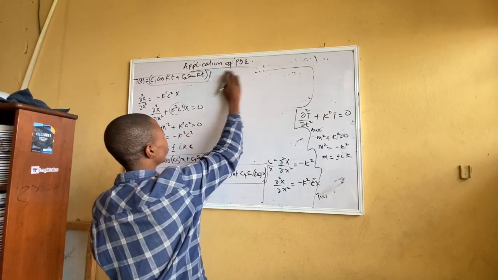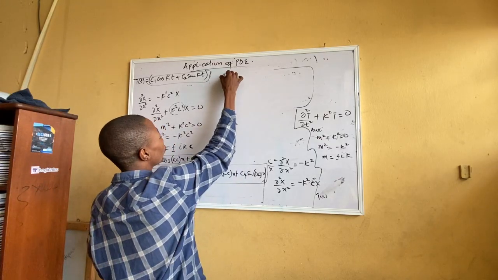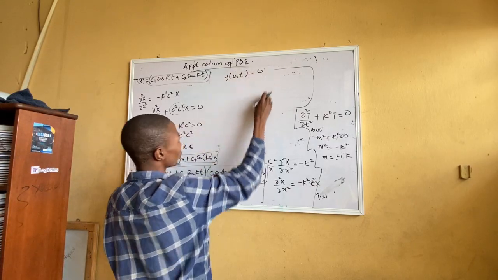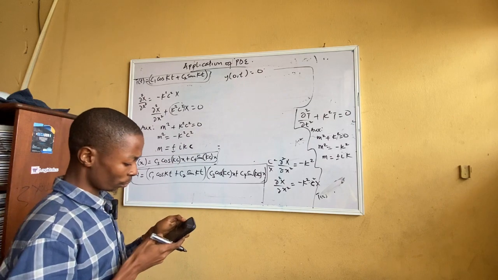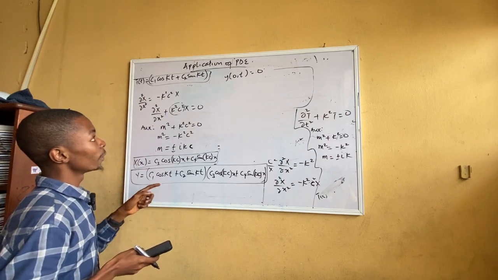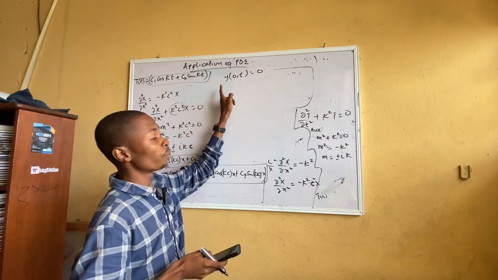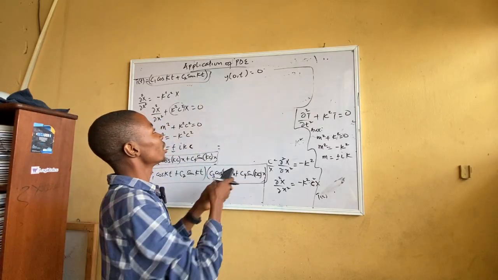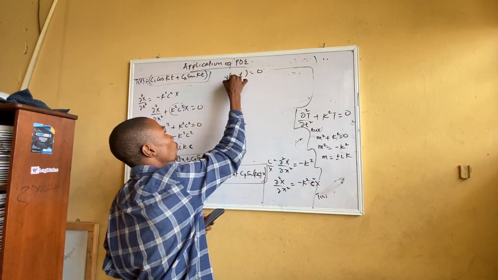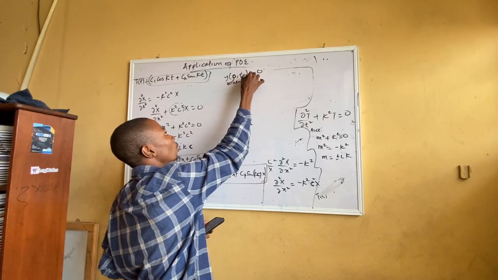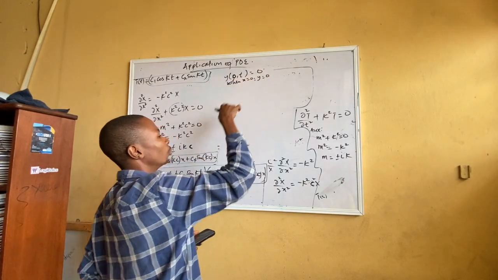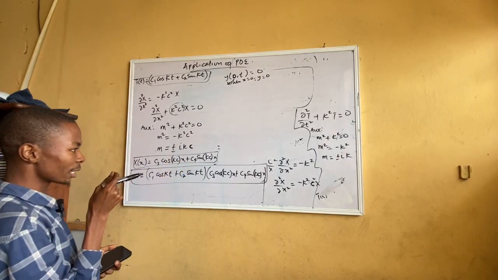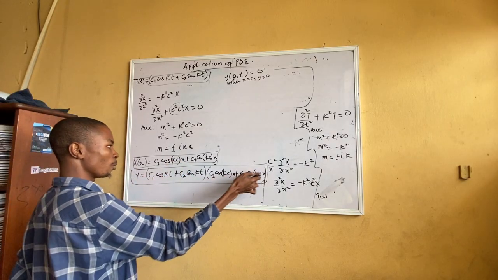The first boundary condition is y of 0 comma t is 0. What does that mean? We are solving for y of x comma t. It means that when x is 0, the solution is 0. So from here now, where is x is 0? Anywhere here.